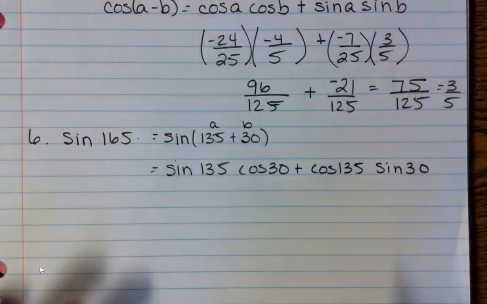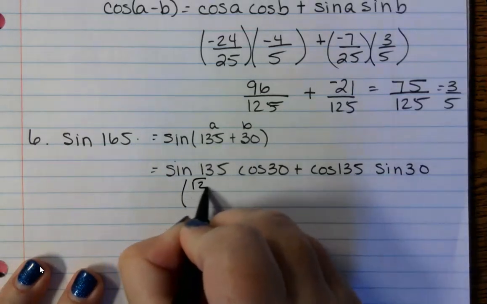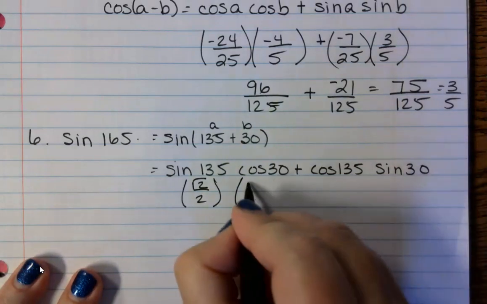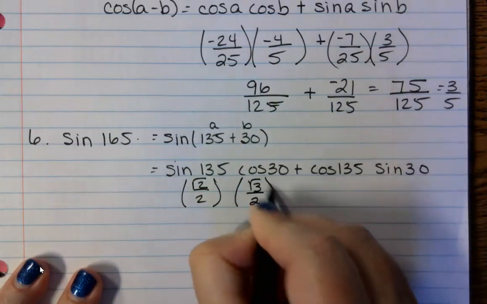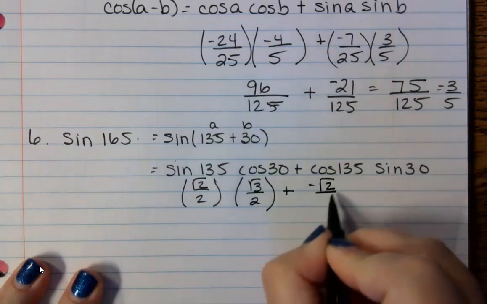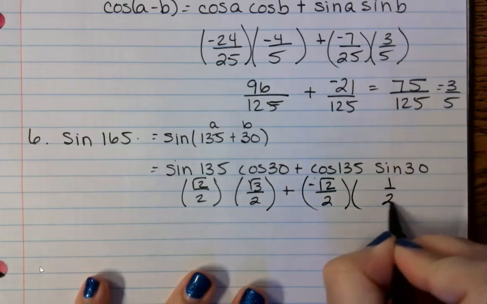And we're going to use our unit circle. So sine of 135 is square root of 2 over 2. Cosine of 30 is square root of 3 over 2. Cosine of 135 is negative square root of 2 over 2. And sine of 30 is 1/2.